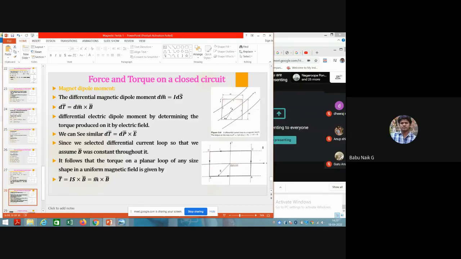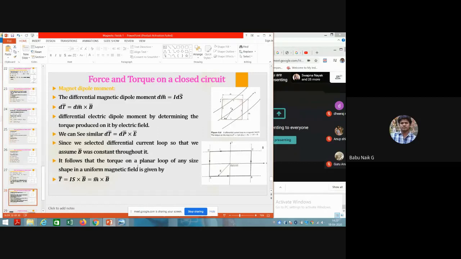If it is distributed uniformly, then the torque is equal to current I times S, the surface area of the rectangular shape, cross B bar, the magnetic field produced. That equals the magnetic dipole moment, M vector cross B bar. So this is the torque calculation for a closed loop of rectangular shape. Okay.